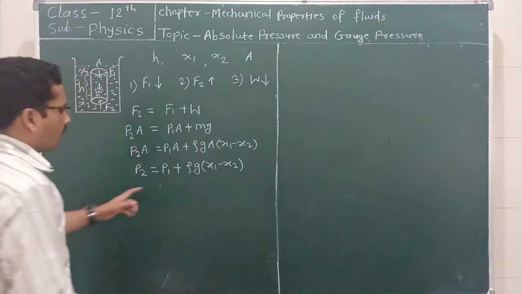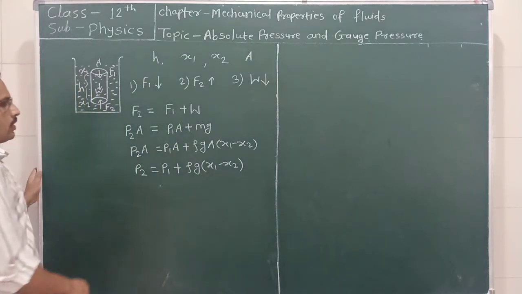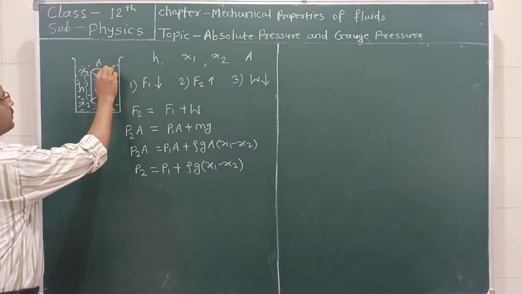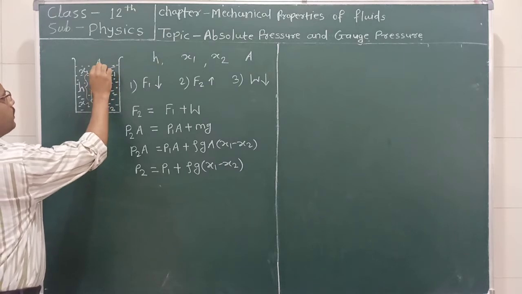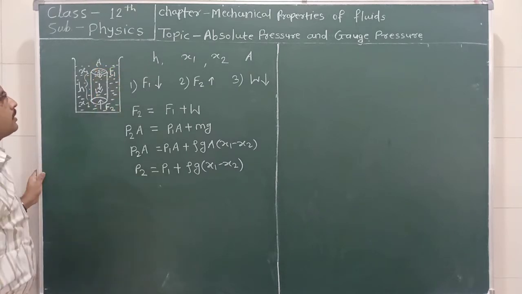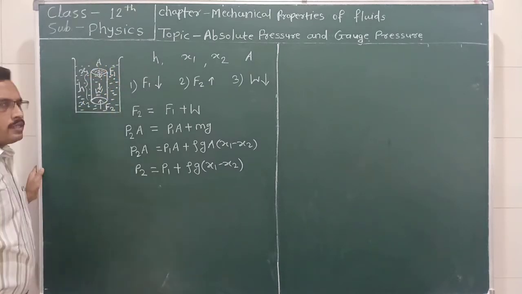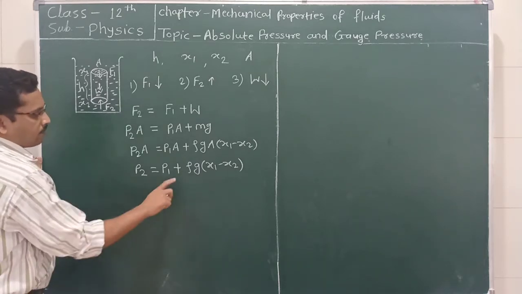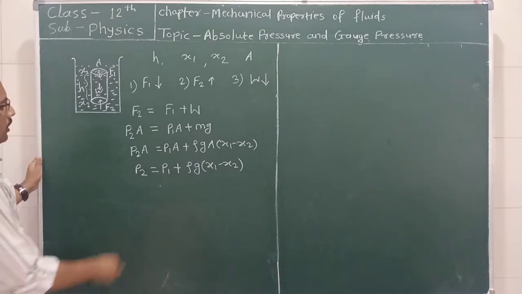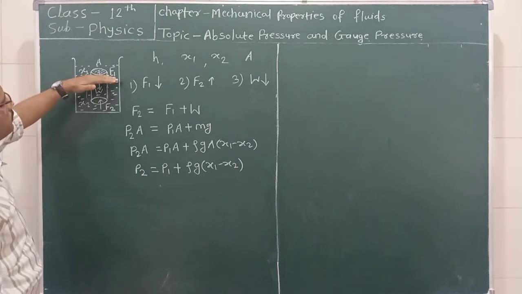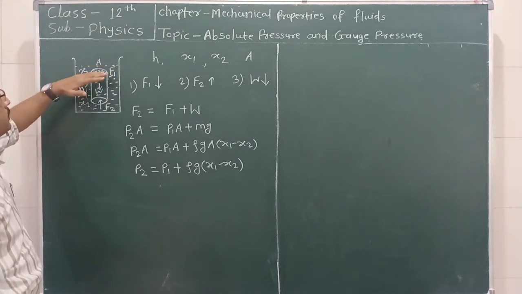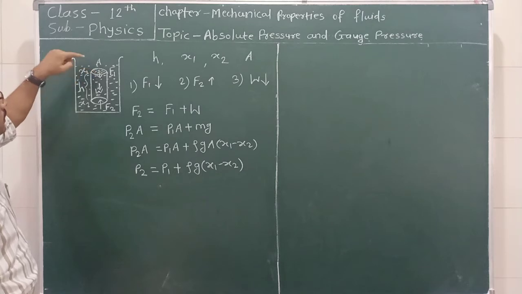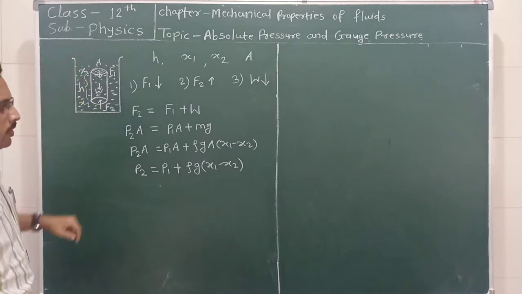If the upper face of the cylinder is placed on the free surface of the liquid, we can keep some values in that equation. The pressure acting on that face is equal to atmospheric pressure.